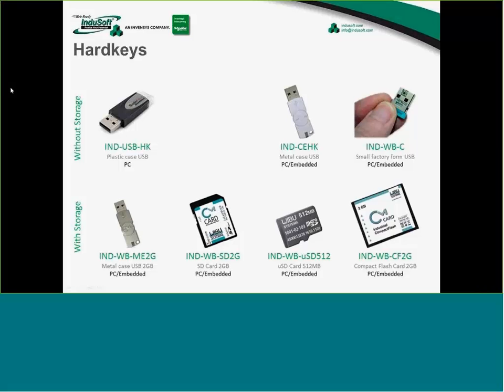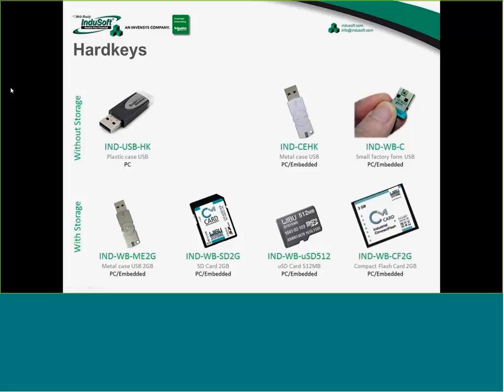And then we have the options with storage. So you can have a USB with a flash card, industrial grade storage, and it can be like the regular USB, or it can be an SD card, I'm sorry, a micro SD or a compact flash.